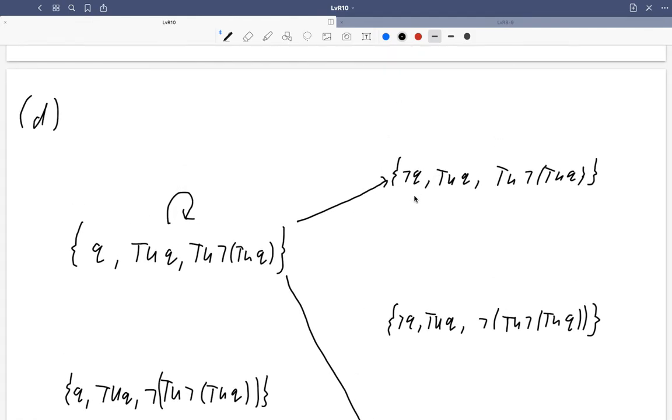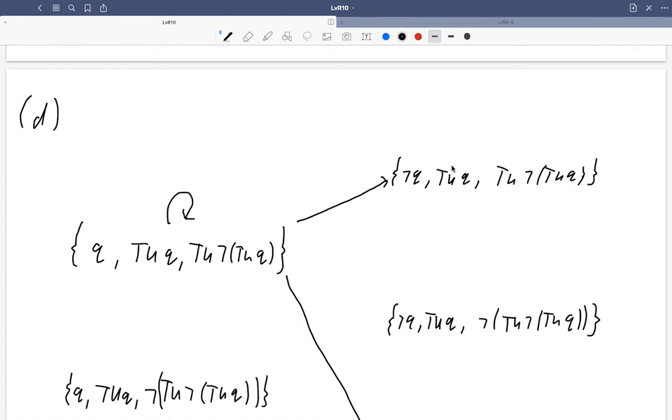Okay, let's go to this one. Again, this is similar. We've got true until not true until Q, as we had here, and again true until Q. So this one can also only go to states in which true until not true until Q is still in the state. But this time we've got true until Q and also not Q, which means that true until Q needs to be true in any state we move to.